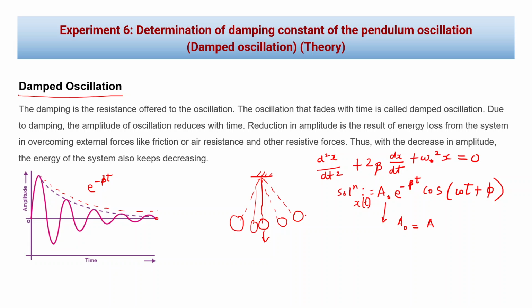If I take it to this extreme position, that will be its maximum amplitude. After that, the amplitude will keep on decreasing. So if this is the maximum amplitude, then the amplitude at any particular position will be given by this expression, 1 plus beta square by omega square, and this phase phi will be given by tan inverse minus beta by omega, and this omega will be given by this.